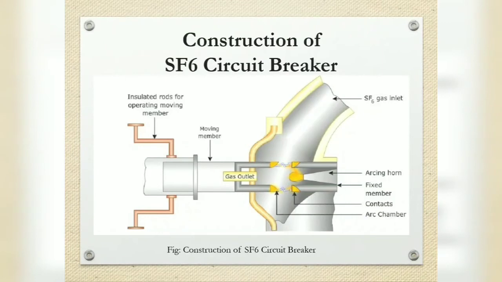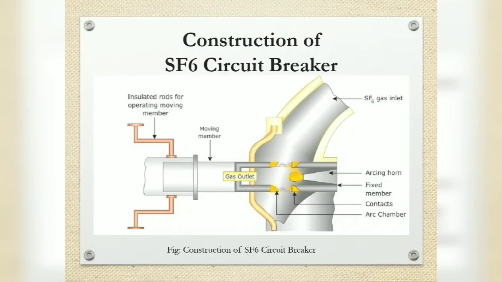Now the working principle of the SF6 circuit breaker. In normal operating conditions, the contacts of the breaker are closed. When a fault occurs in the system, the contacts are pulled apart and an arc is struck between the fixed and moving contacts.